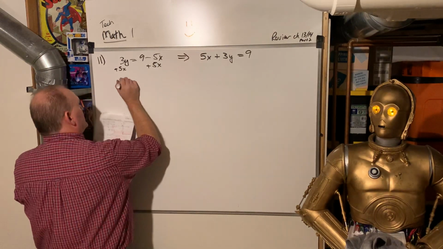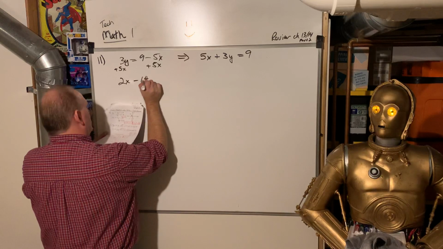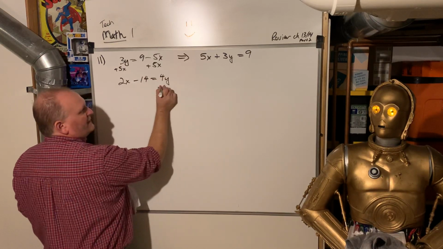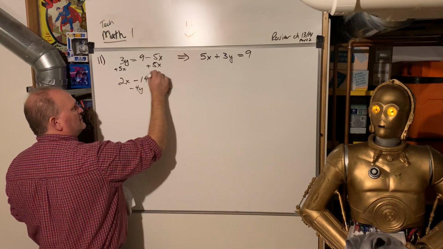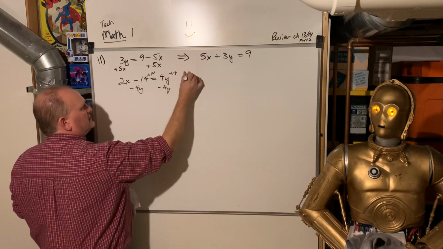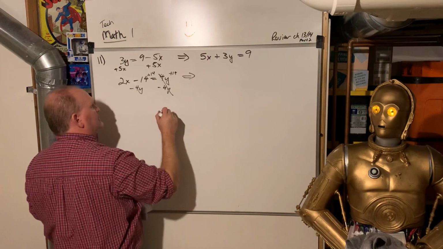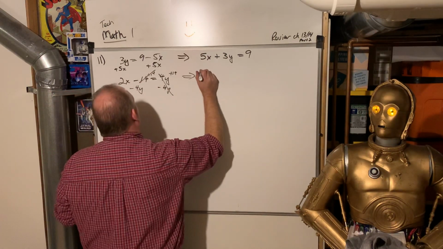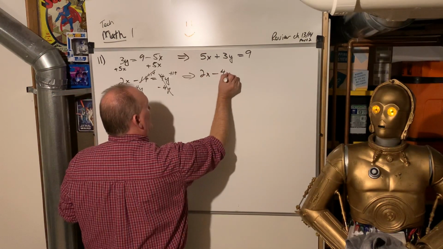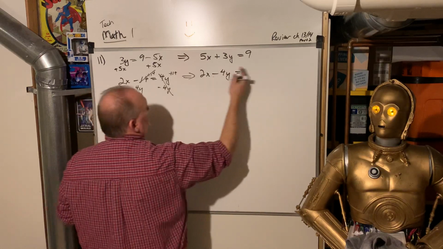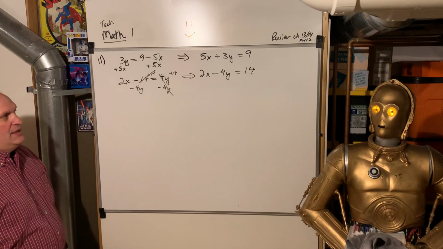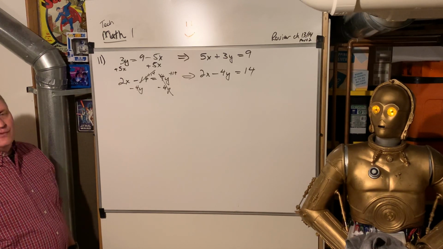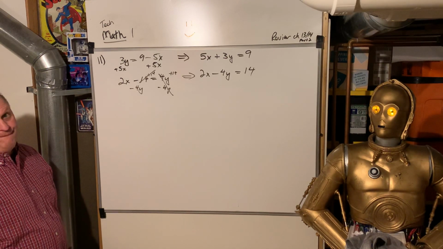All right, so this one is all messed up too. So I got to move the 4y over to this side, and I got to move the 14 over to the other side. And so I end up with those 4y's canceling, those 14's canceling. So I have 2x minus 4y equals positive 14.